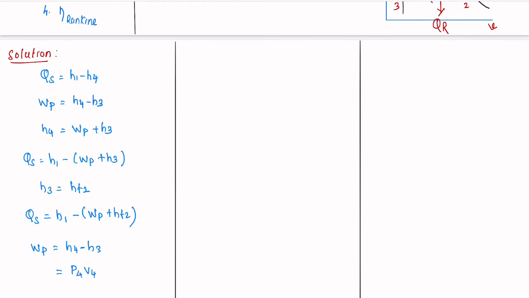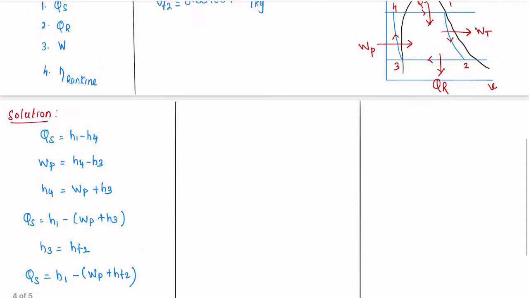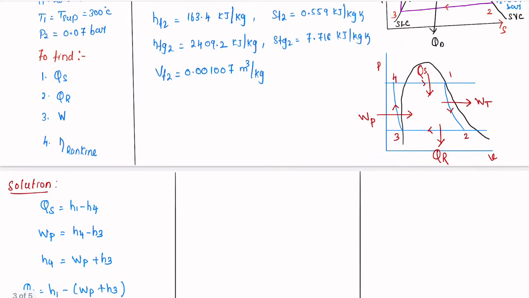The value of H4 minus H3 can be written as P4 V4 minus P3 V3. The volume V4 is equal to V3. You can see from the PV diagram that the volumes at 3 and 4 are equal.